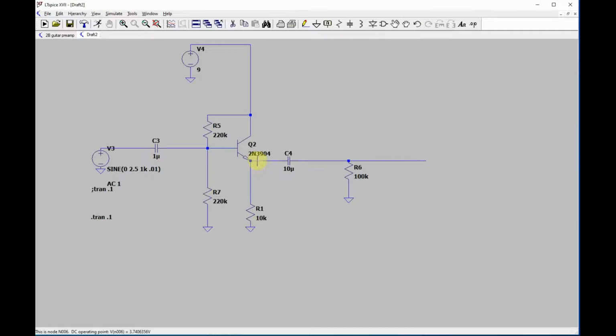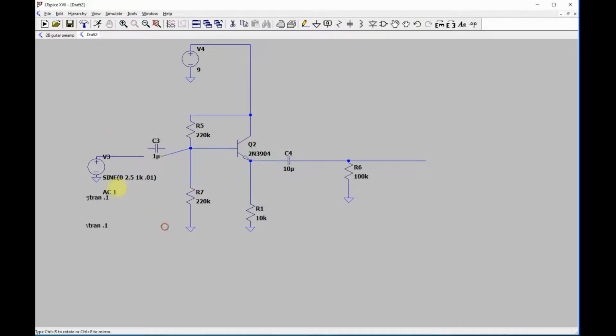We know that this is a signal right here, and it's a copy of the signal, but it's just 0.7 lower. So you can take that signal and feed that back to the base and fool it into thinking that it's higher impedance than it really is.